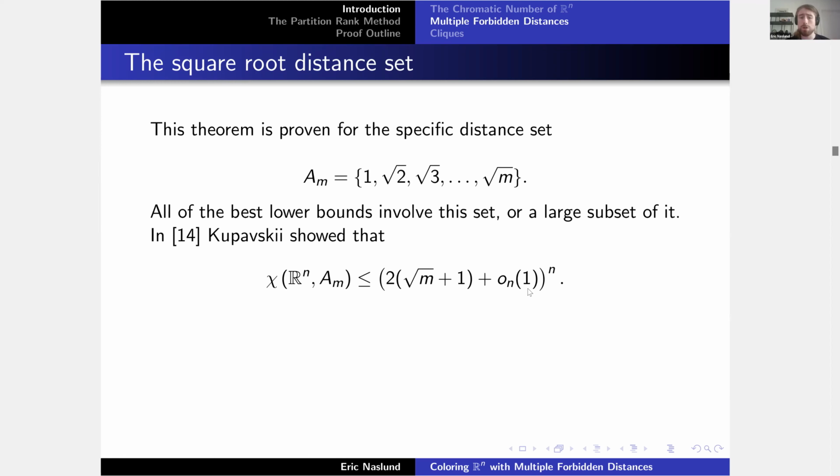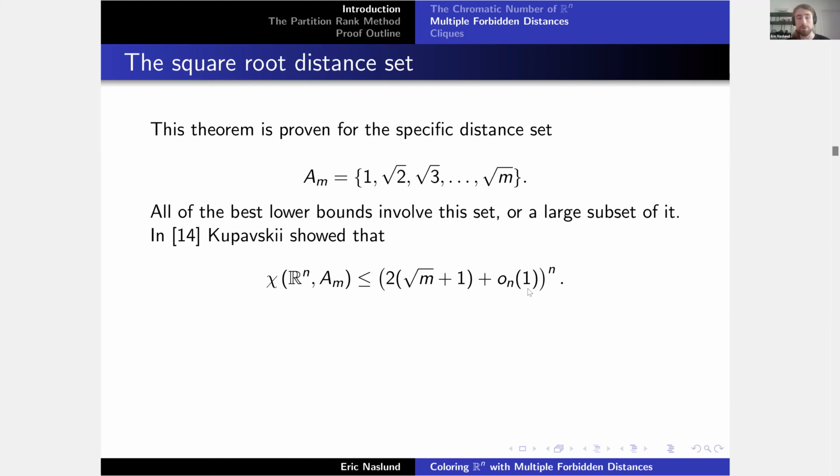So the overall result is that if you ask to color R^n, and you require that points at distance 1, square root 2, square root 3, all the way up to square root m are colored differently, then the number of colors you need grows like square root m to the power of n, up to some constant. Here we have a constant of 2 to the n in front as an upper bound, and a constant of 0.8 to the n as a lower bound. But the growth rate in m is determined.